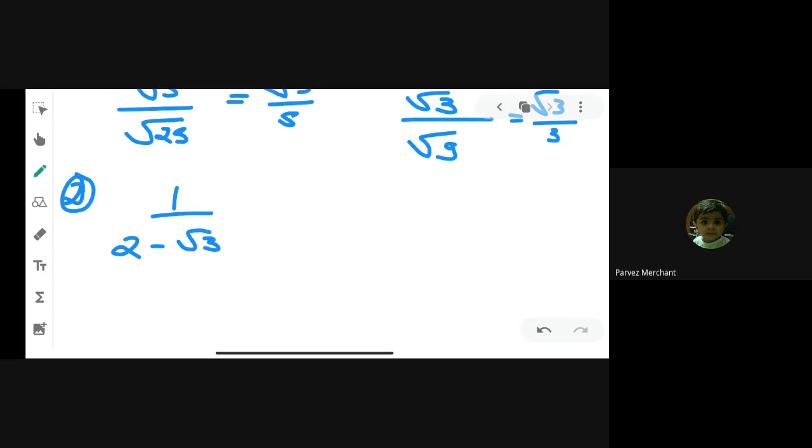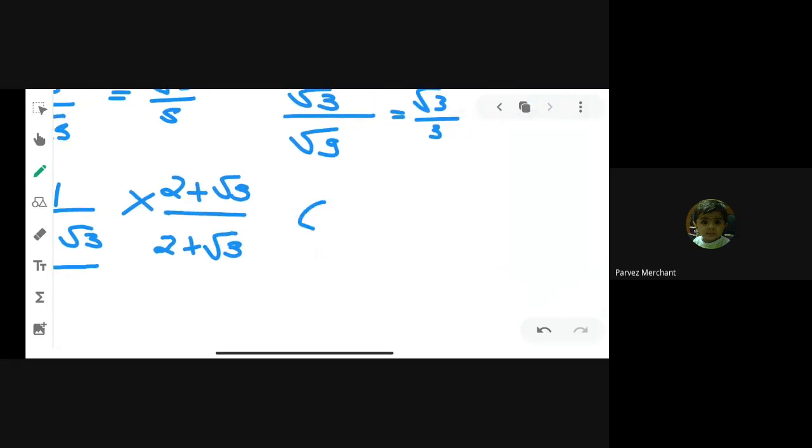But here we are not multiplying and dividing with itself, but with the opposite sign. Please remember the thing: if we have 2 minus root 3, then we have to multiply and divide by 2 plus root 3, with opposite sign.